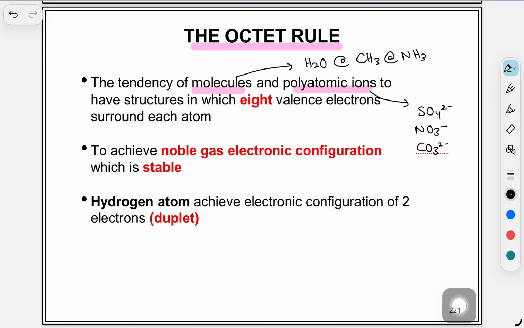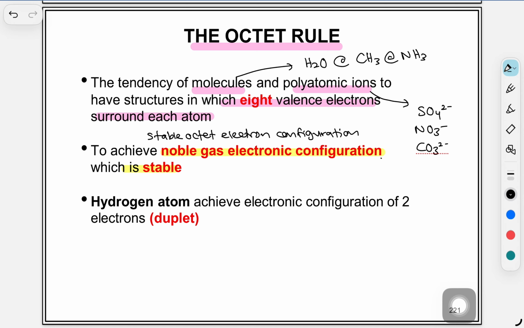They have the tendency to maintain or to have 8 valence electrons surrounding each atom. Okay, so this is to achieve noble gas configuration, and we know which is stable. I think in SPM you would have written it as stable octet electron configuration or electron arrangement.